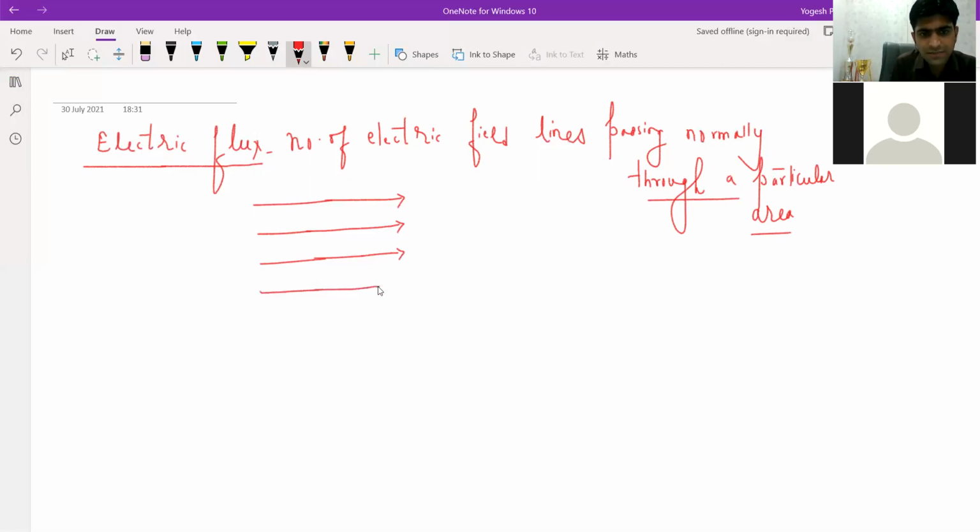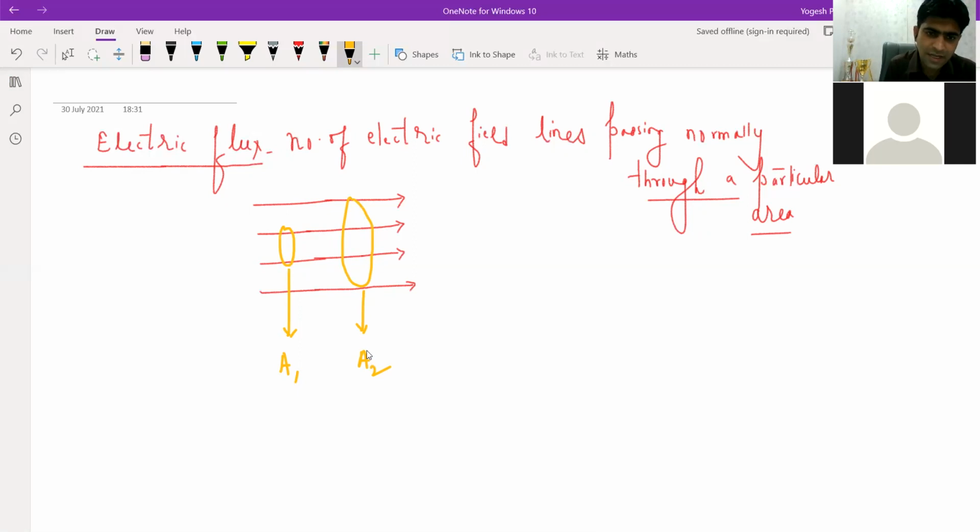So you can see this diagram. If I draw this area and this area, suppose this is A1 and this is A2, for which area is the electric flux more?